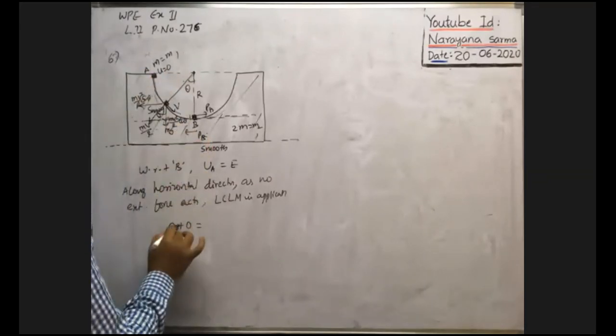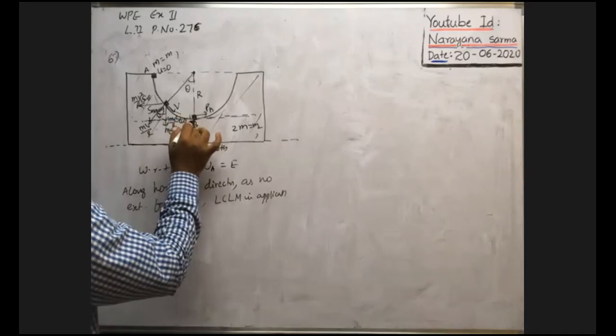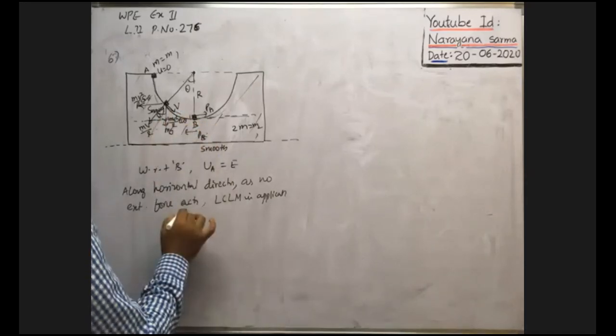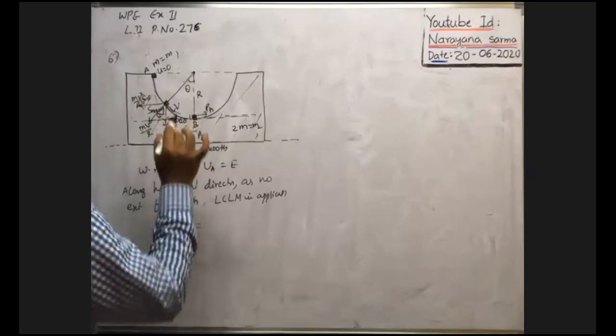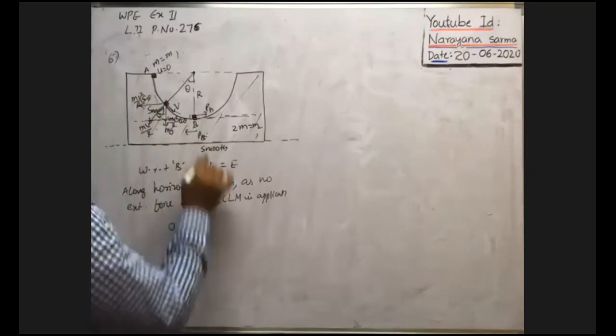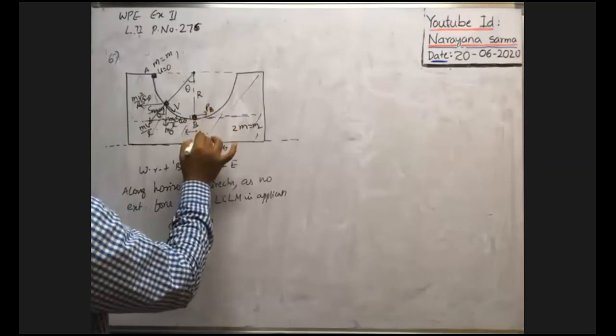That's why both have momentum 0. But whenever the body reaches point B, the bottom of the curved surface, the momentum of the body is say p1 and of the wedge is say p2.